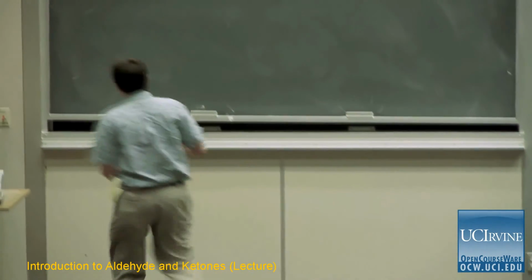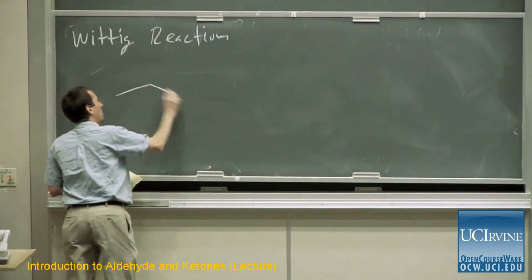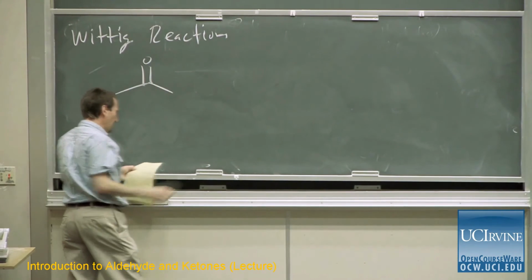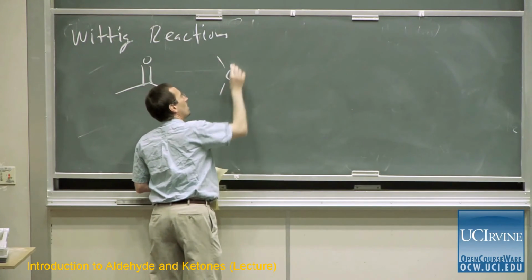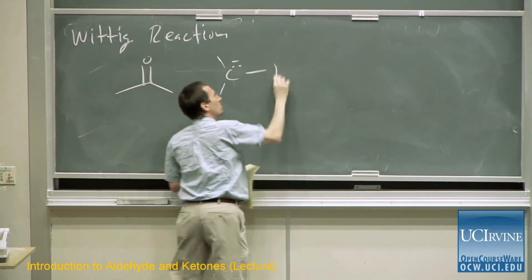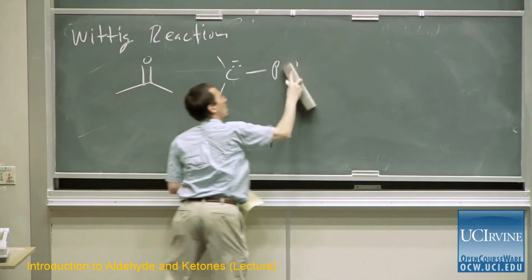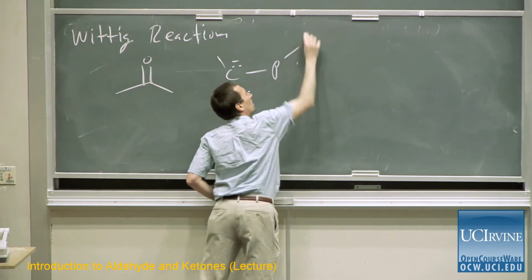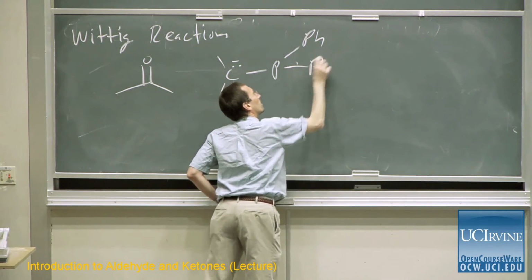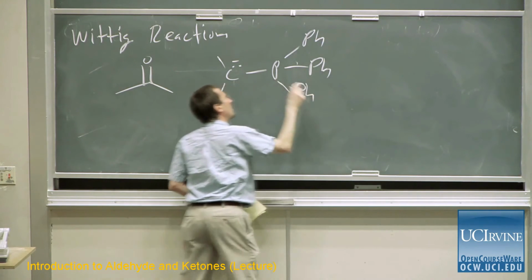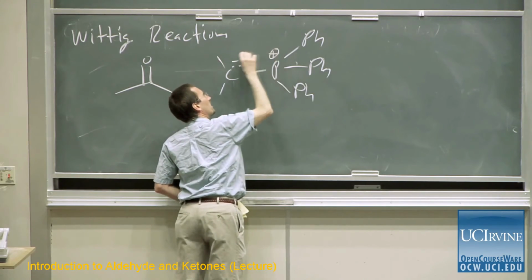So let me write out the reaction and explain how it works. So we have a ketone or an aldehyde. We have a carbon nucleophile called an ylide. And I'll write out the structure. Invariably, it's a phosphorus ylide.